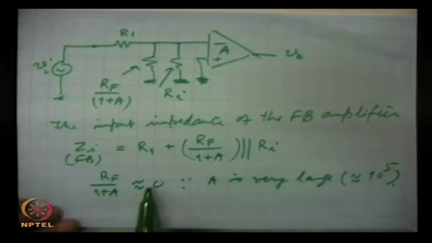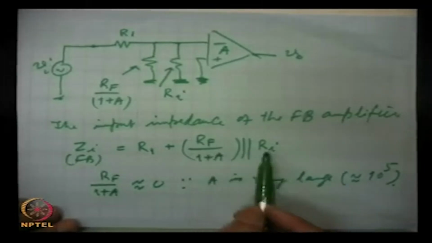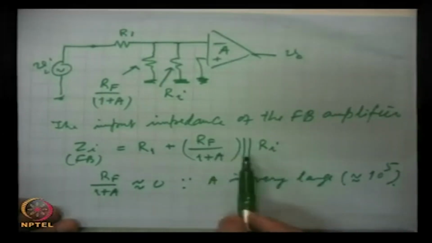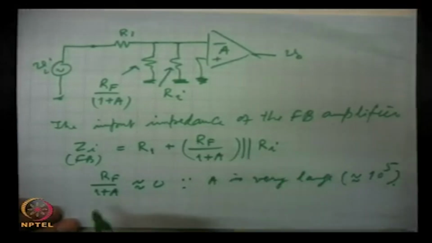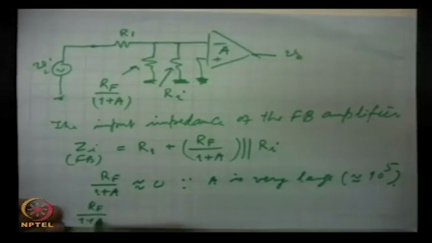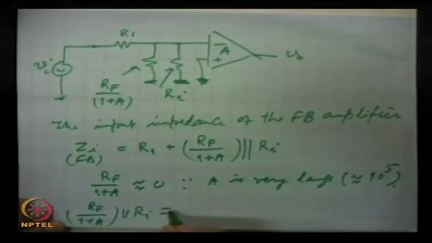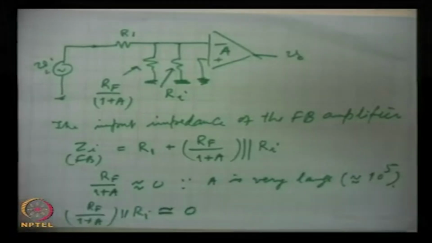So, this is almost 0 and any smaller resistance in parallel with a high resistance, the resultant is the smaller one. So, RF by 1 plus A in parallel with Ri is almost 0.